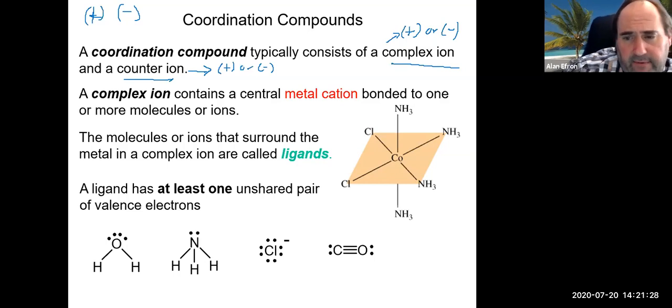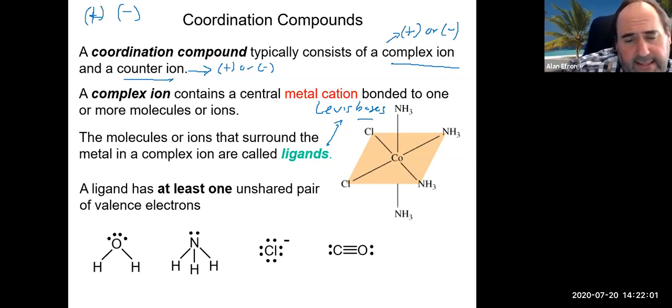A complex ion, as we've talked about a little bit before, is basically a small metal that has a positive charge and is bonded to one or more molecules or ions. Those are referred to as ligands. These ligands are Lewis bases, which, as we talked about, are species that have a pair of electrons they could donate.